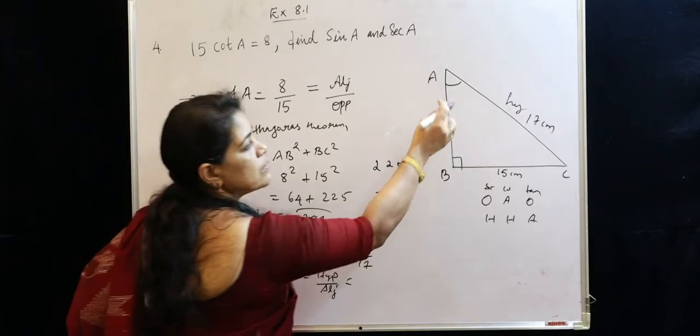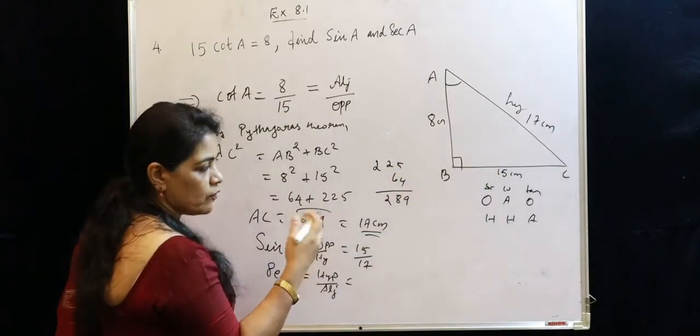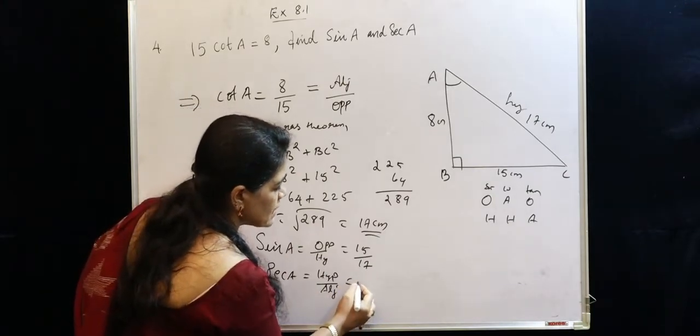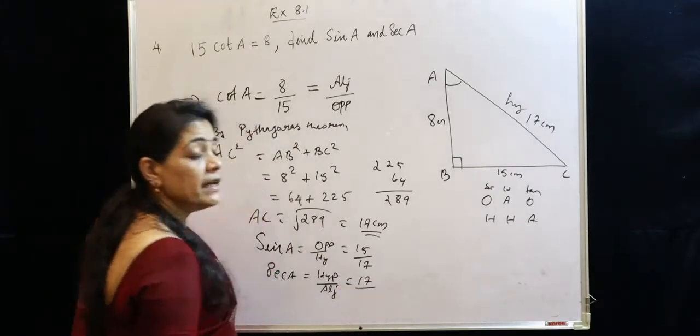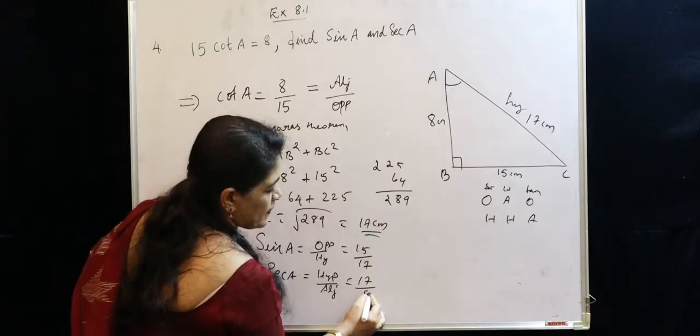Okay, what is the hypotenuse here? This is a right triangle, so the side opposite the right angle is the hypotenuse, 17, divided by the adjacent side. Adjacent side is 8.